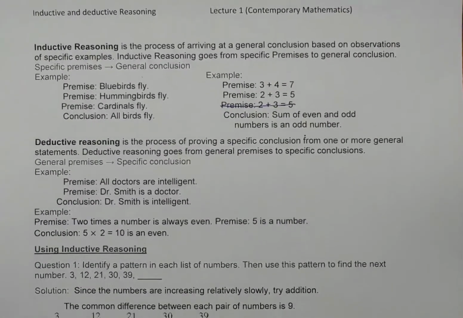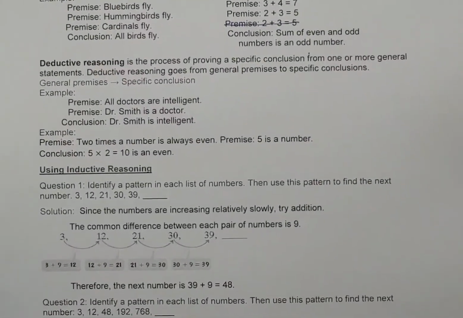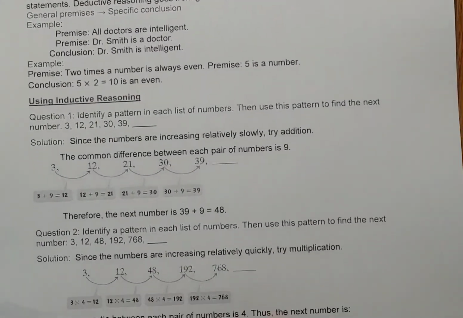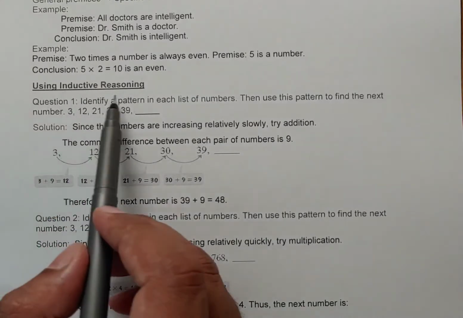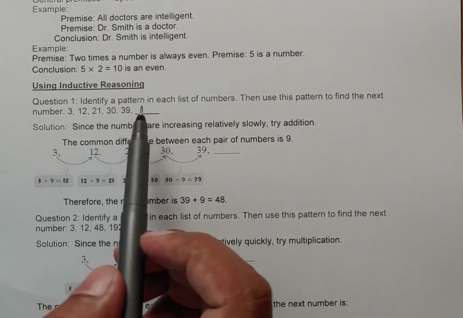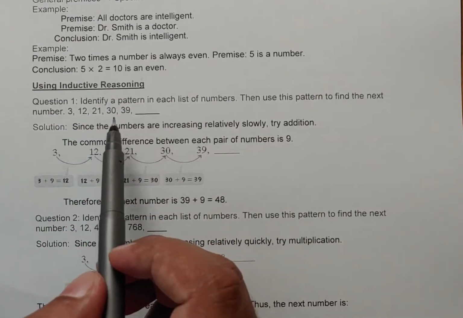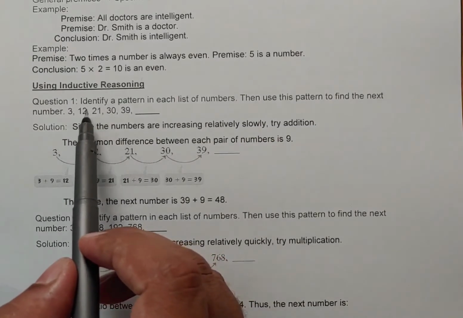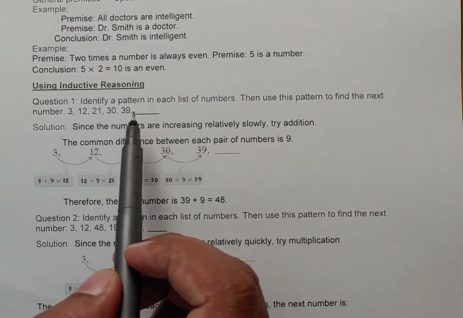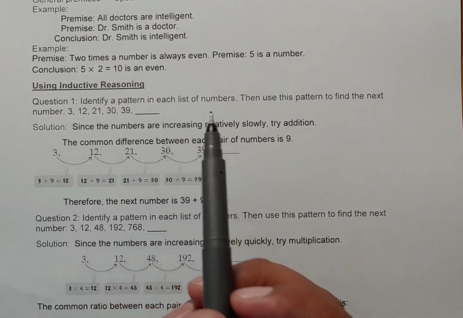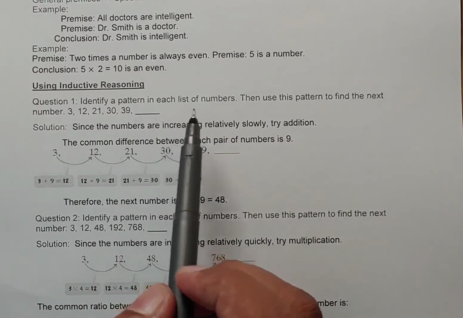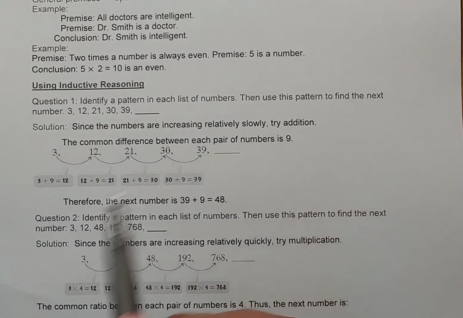Now, how do we use inductive and deductive reasoning? Using inductive reasoning, we identify the pattern of a sequence, and we use this pattern to find the next number.